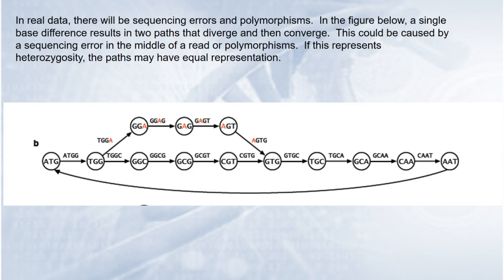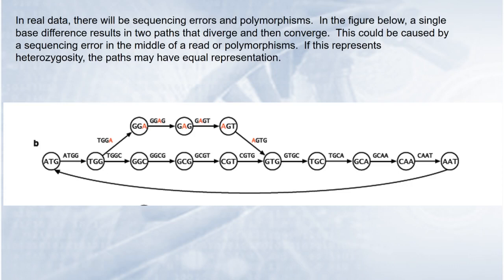And that A continues to represent an alternative version of this sequence. And if you're lucky, this would actually come back together and resolve itself so that you just had a bubble in your sequence. And so if sequences were perfect and there was no variation, then this graphing method would be a lot easier.